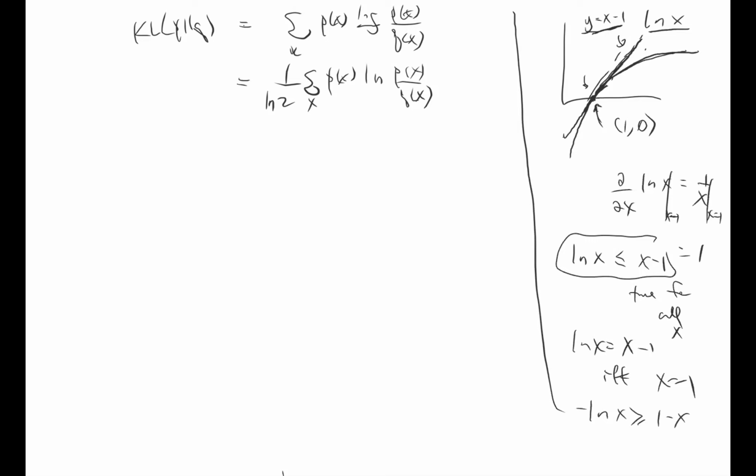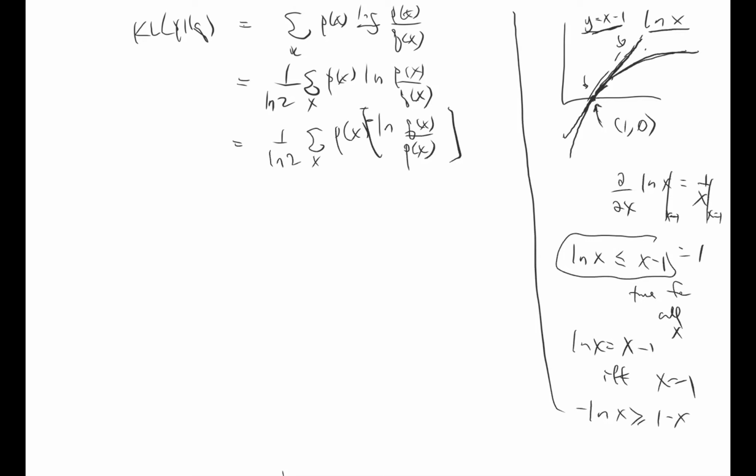Now I will use the same trick as we used before. I'm going to flip this thing here and put a minus sign. Instead of log p over q, I have log q over p, keeping the minus sign. So I simply flip the numerator and denominator and put a minus sign in front.